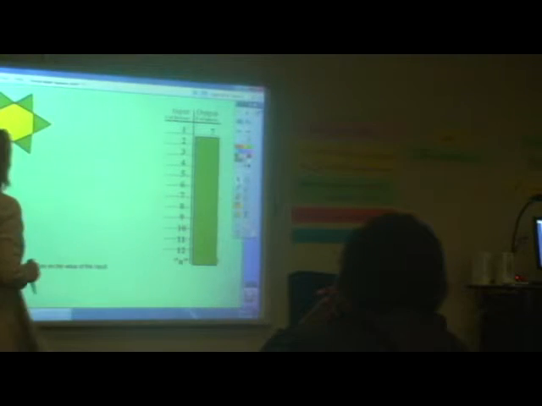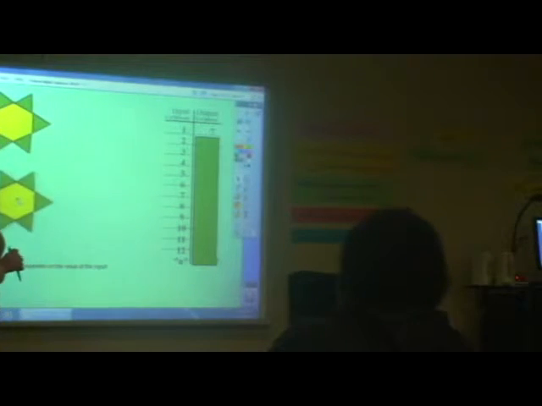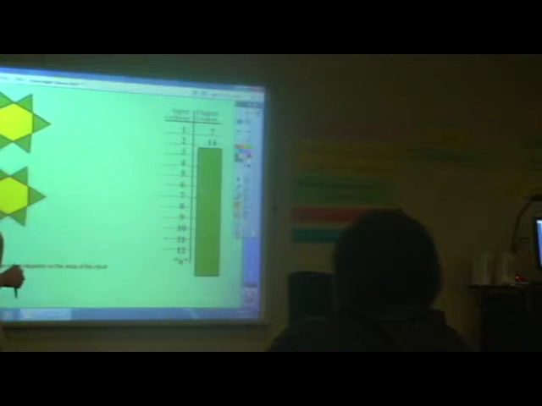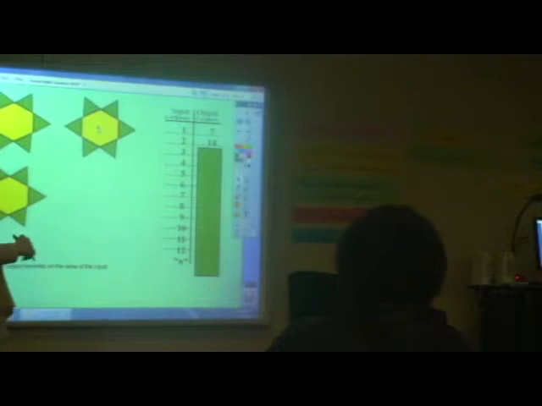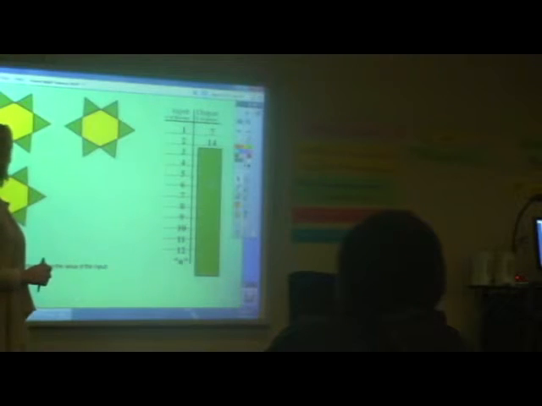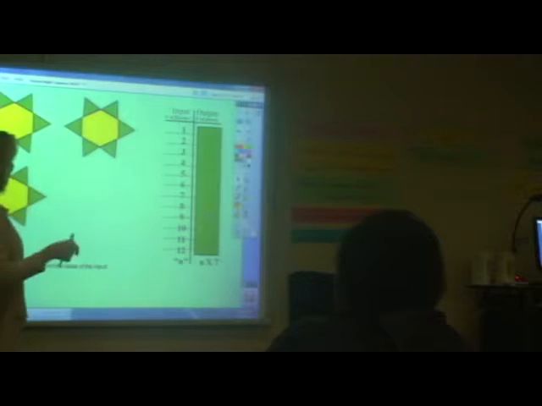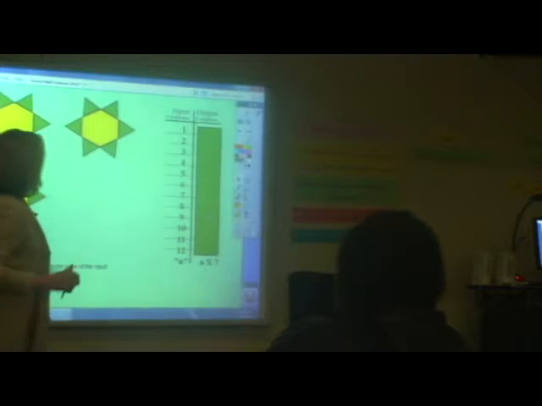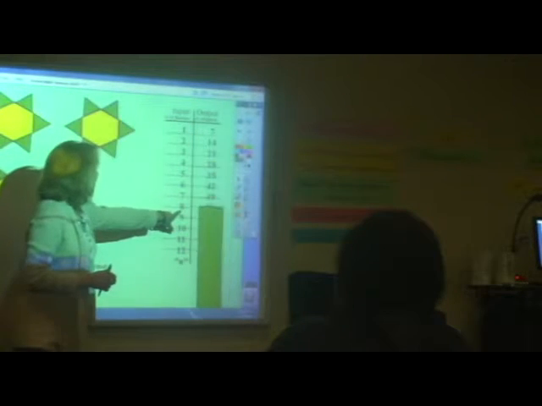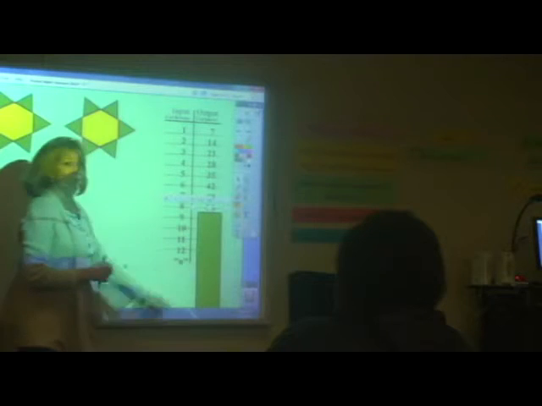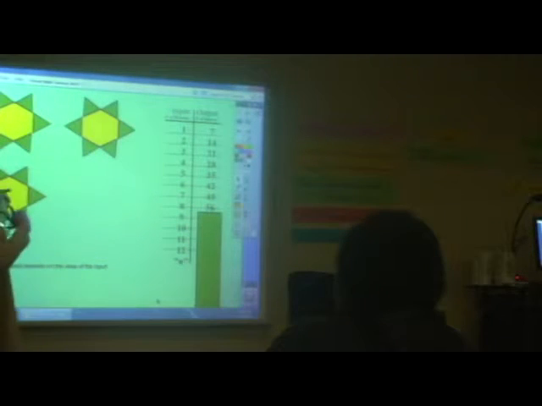Now 2 flowers: 14 pieces, okay. Now I'm going to do 3 flowers: 21. Absolutely. Now, can you think of the rule? Times 7. And we're going to look at the rule and move to 8. If I have 8 flowers times 7, 8 times 7 is 56. I'm going to have 56 pieces.